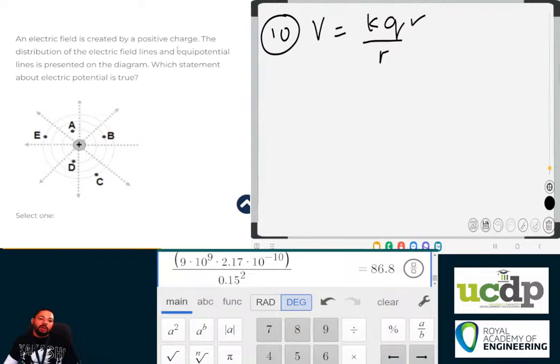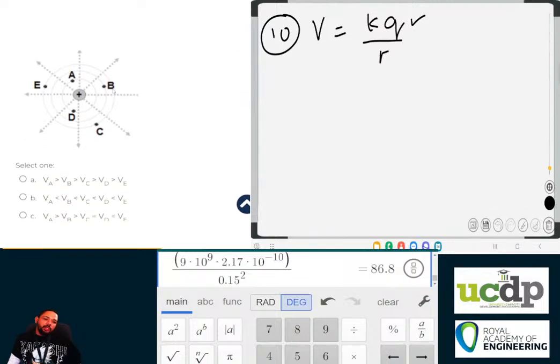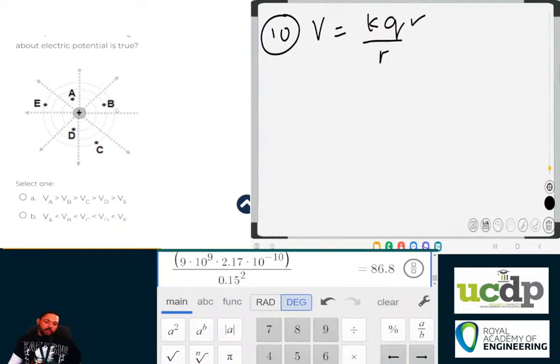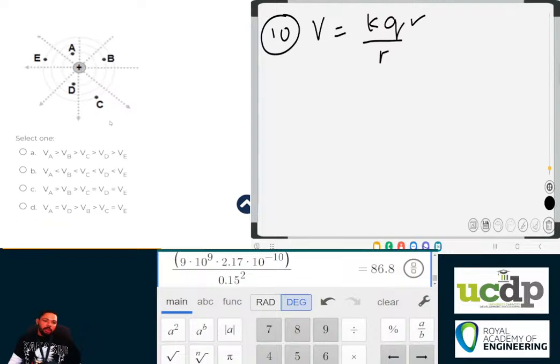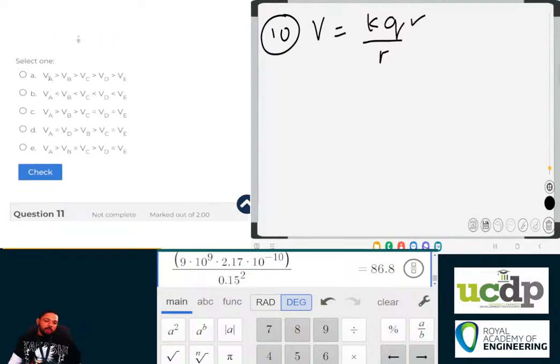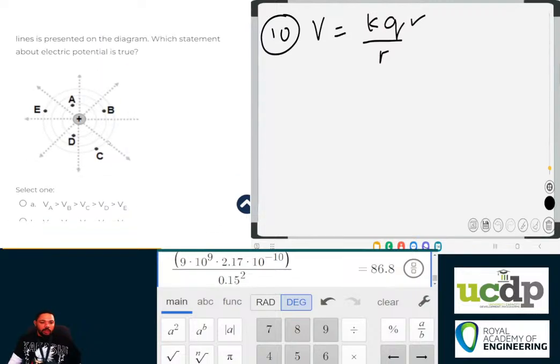Okay, now, so those are electric field lines and equipotential lines. Which statement of electric potential is true? First of all, they want us to determine which potential is bigger. So let's determine it for ourselves.